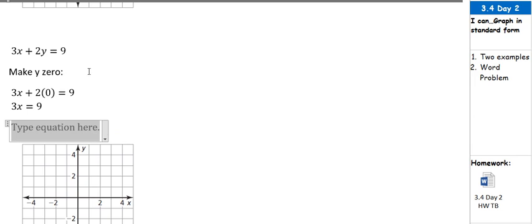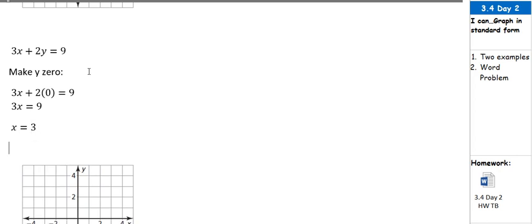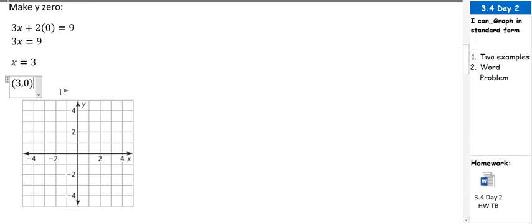So when I divide both sides by 3, x equals 3. The ordered pair that I get from that is 3, 0, because we made y 0, so my y value is 0. That gives me a dot that I get to add onto my graph. And that is at 3, 0. That's the spot right here.